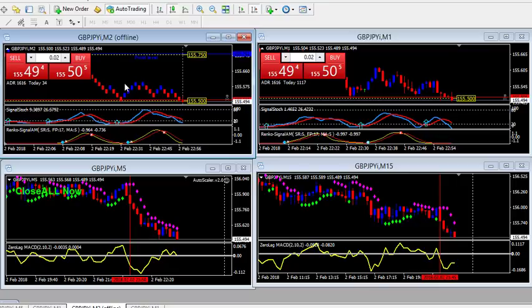For those of you that do not know, AutoScaler is a trade management EA that I brought to market about 6 or 7 years ago. And what it does is it allows you to automatically scale in additional trades once price begins moving in your favor after you take the initial trade.